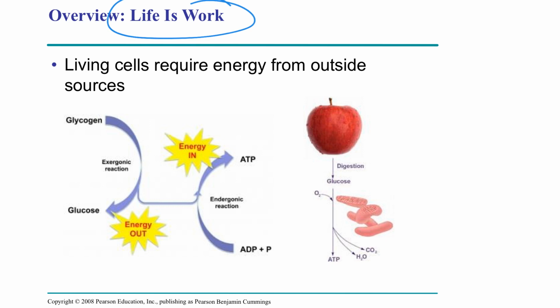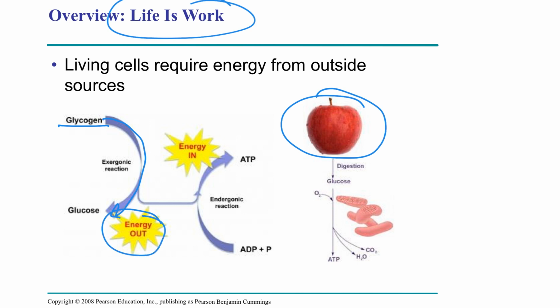So if we were going to eat this apple, that apple has some glycogen in it, some starches. It also has some sugars, but this is an exergonic reaction. Energy out, remember.